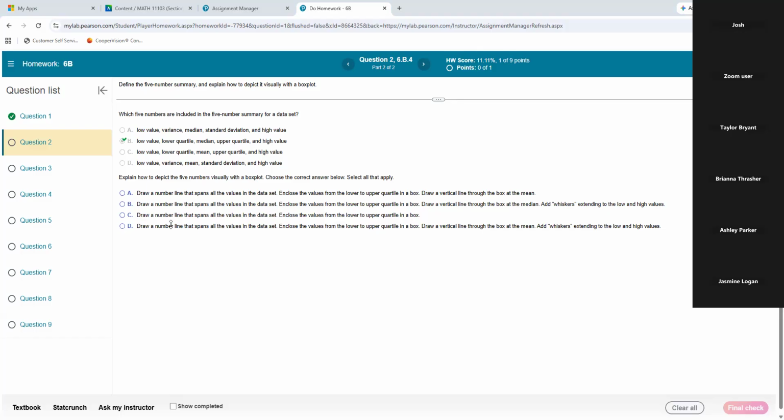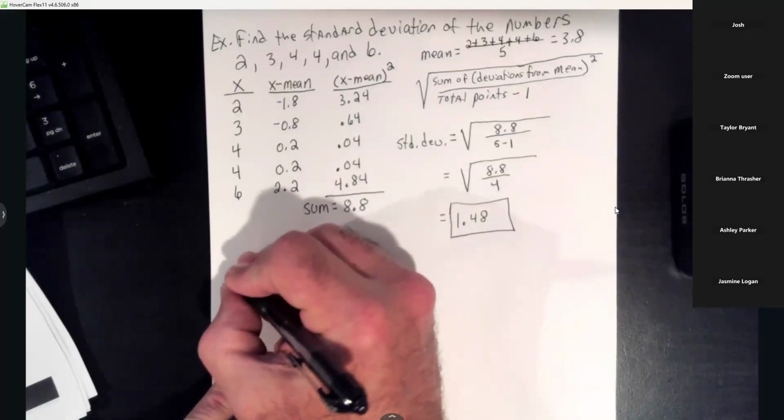And really what a box plot is, it'll show the 5-number summary visually. So I'm going to show y'all real quick how to find that, using a box plot.